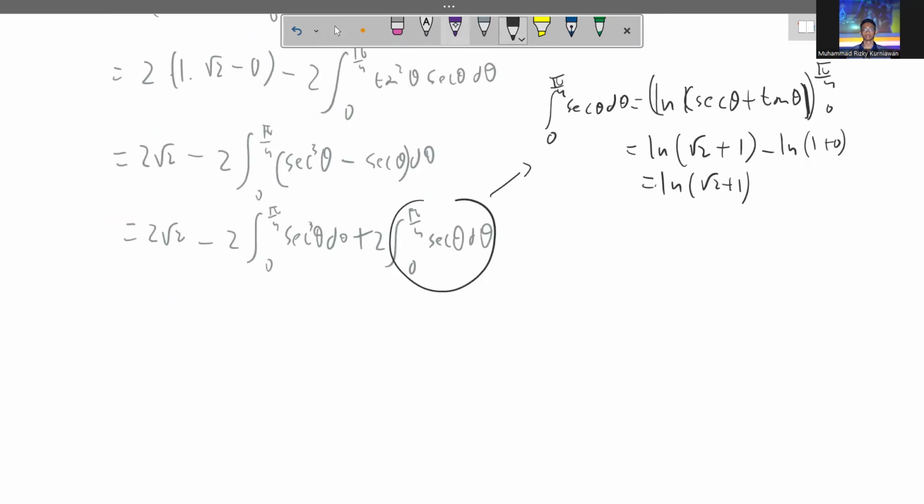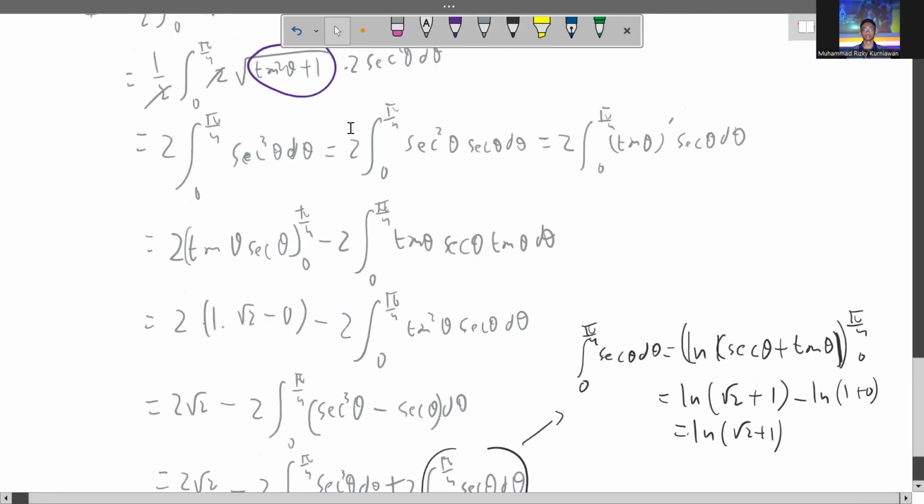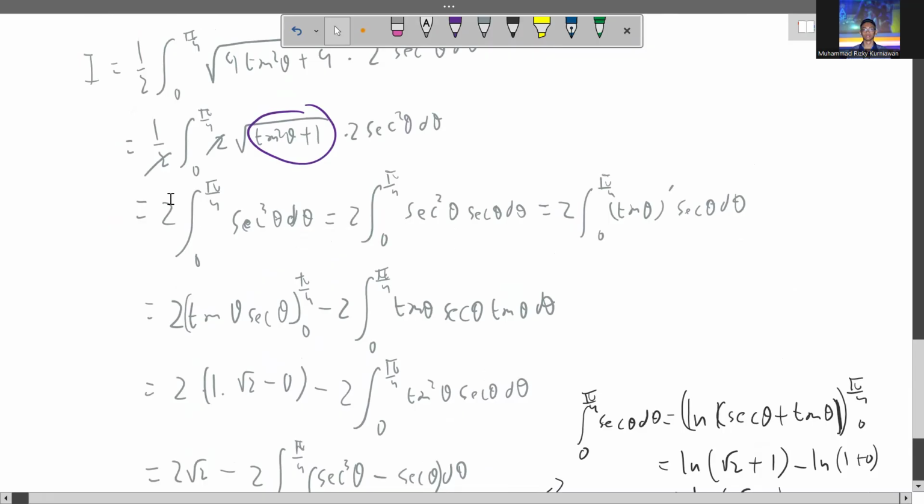All right, so if we rewrite this entire thing again, this becomes all this. Okay, so now notice that here we started with 2 times the integral of secant cube theta.